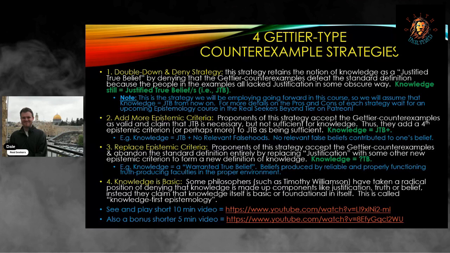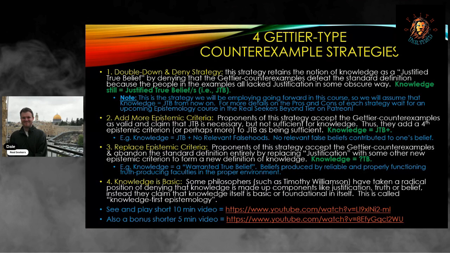But before we get into that, what are some of the other strategies, just so you're aware of what's out there? Well, the second strategy is that you can add more epistemic criteria. Proponents of this strategy accept the Gettier counterexamples as valid.